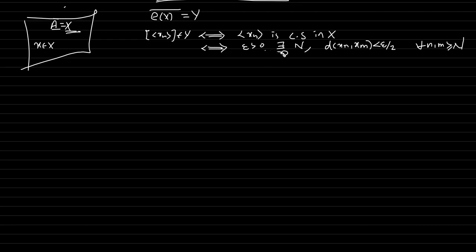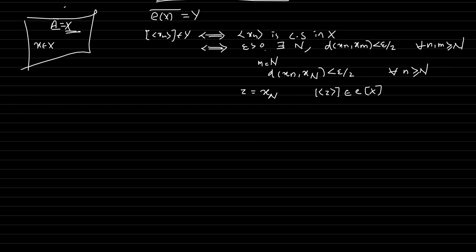Now this is possible. Now choose m equal to N. Then we can rewrite this as d of xn, xN is less than epsilon by 2 for all n greater than or equal to N. If we take z equal to xN, then the constant sequence z will be a Cauchy sequence in X. Therefore, the class represented by z will be in E of X. Why?